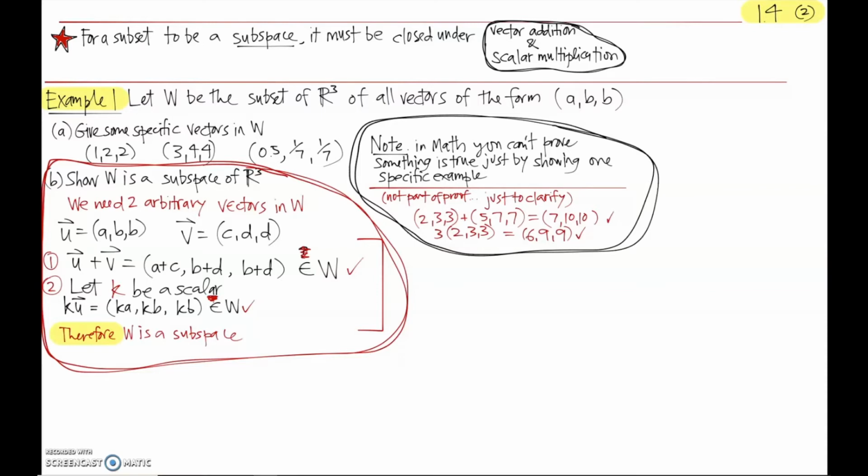On the other hand, if you want to disprove something, or prove a claim is false, it's okay just to use a specific example, because one time of it failing and it's false. So in math, you can prove something is false by showing just one time that it fails.